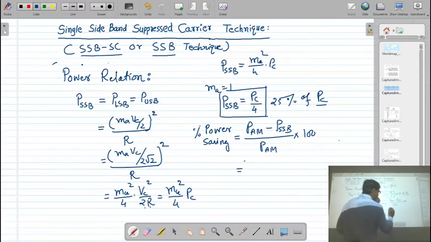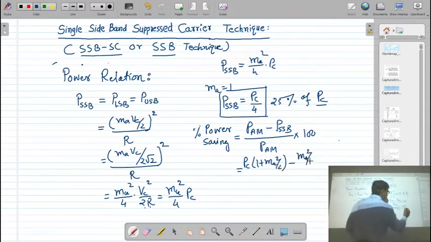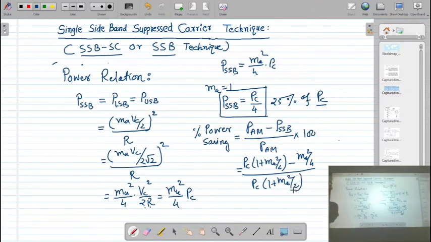So we know that PA is PC into 1 plus mA square by 2, and the power of the SSB is PC into mA square by 4. Divided by PC into 1 plus mA square by 2. Correct? So here the PC is there.